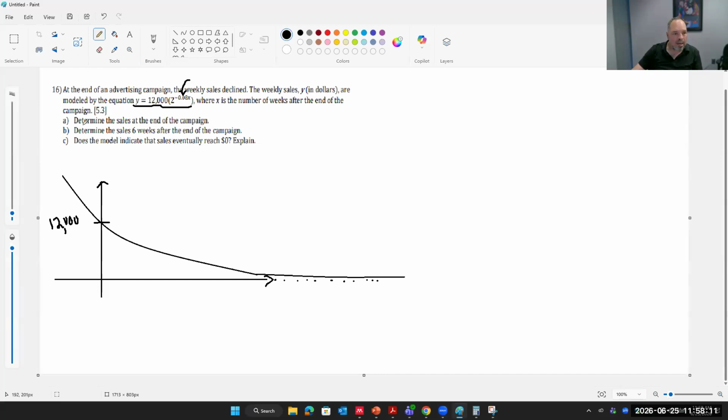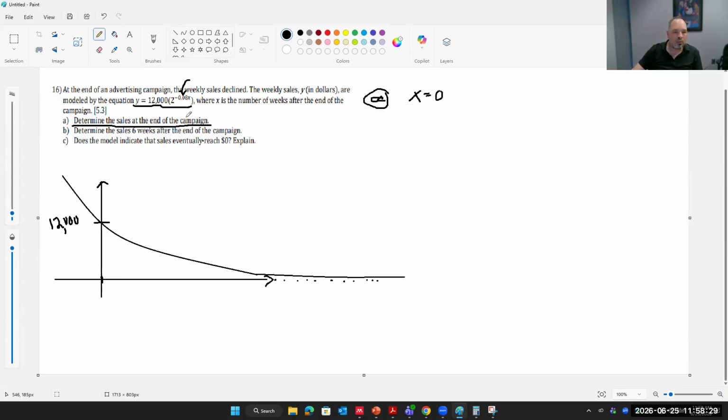Okay, so knowing that, it says determine the sales at the end of the campaign. Well, that's when X is 0.